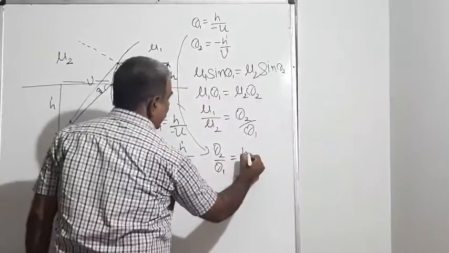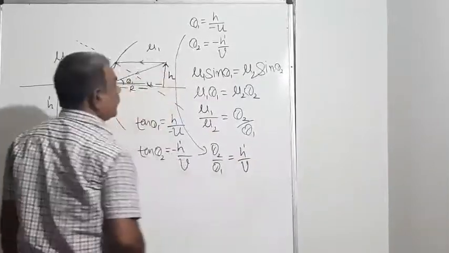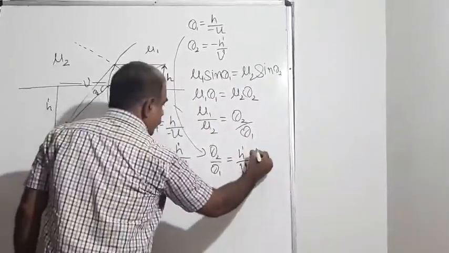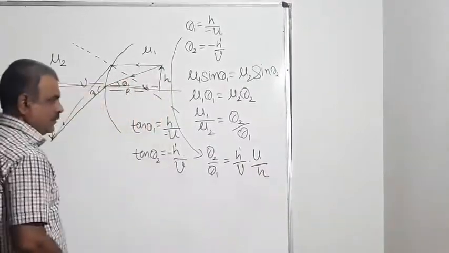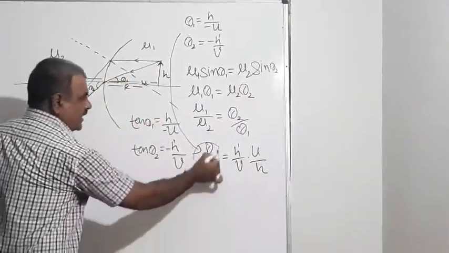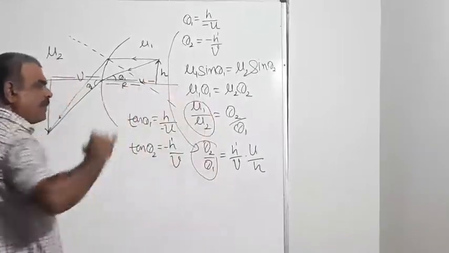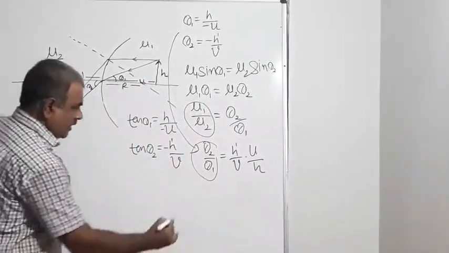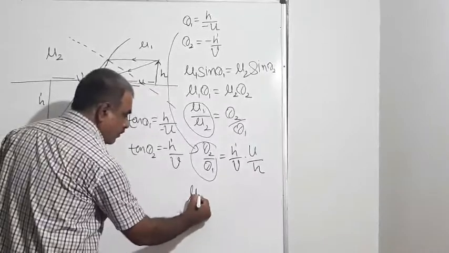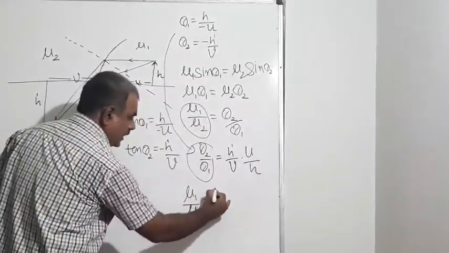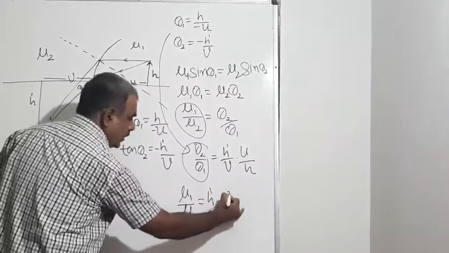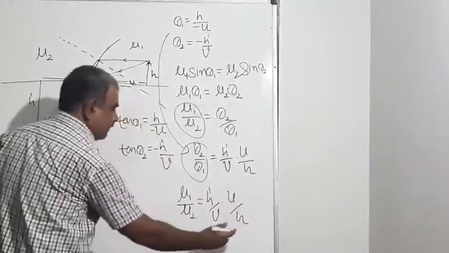So what we are having, h dash by v into u by h, but this you can replace with mu1 by mu2. So what we are having, mu1 by mu2 is equal to h dash by v into u by h.